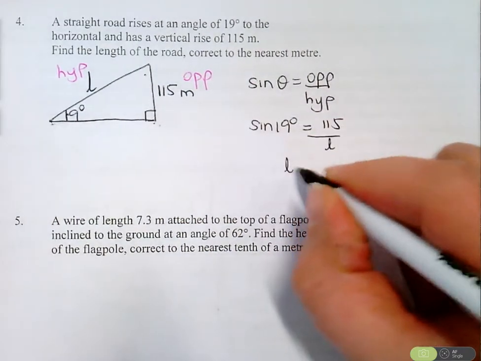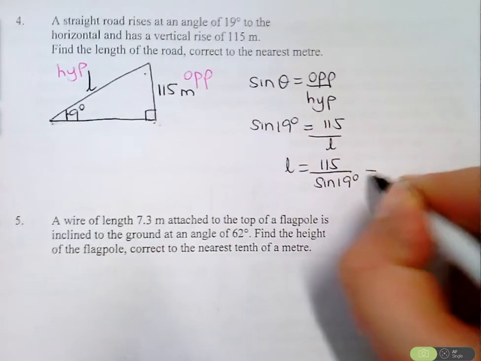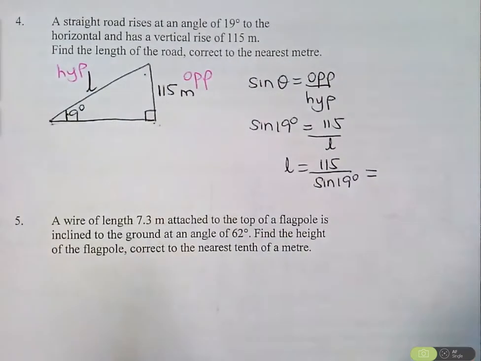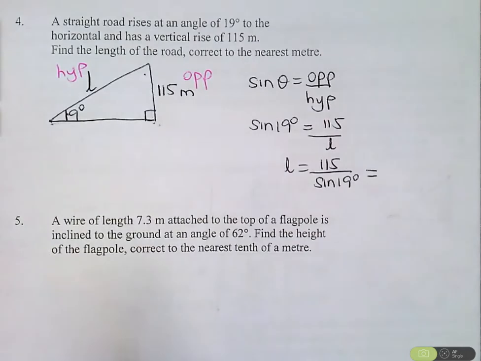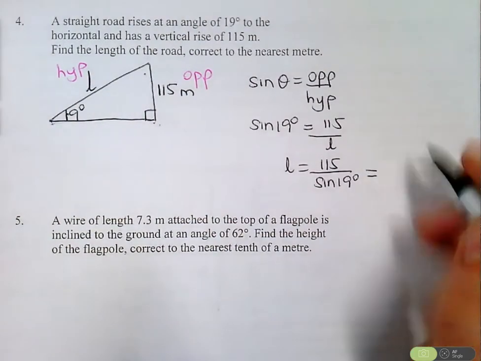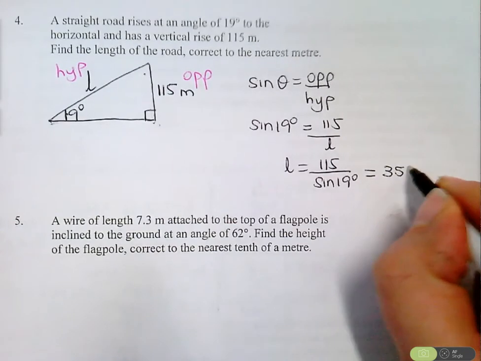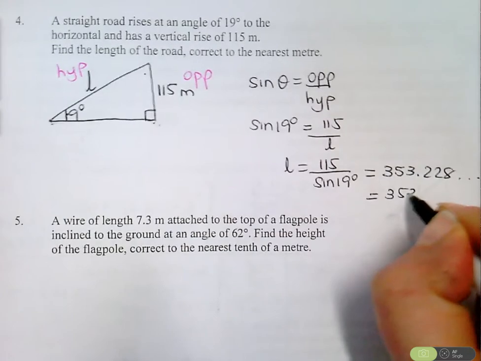You swap. We don't want it on the bottom. Which is? Anyone? Whatever. It's 353.228. Which is 353 meters.